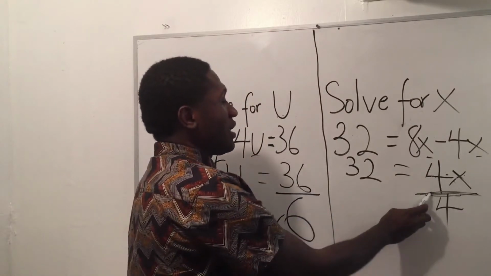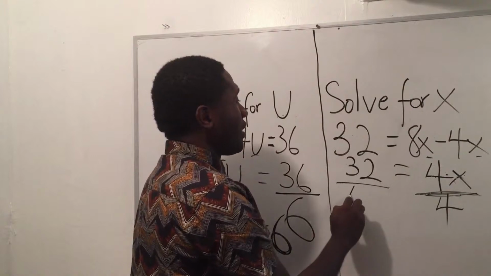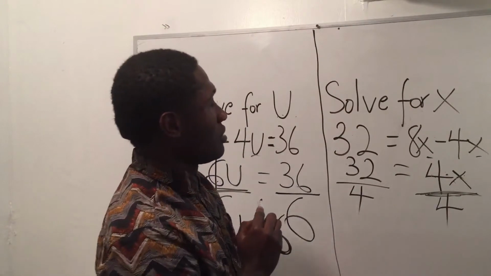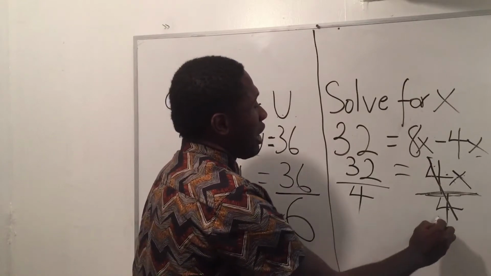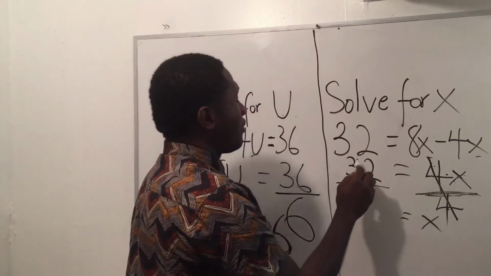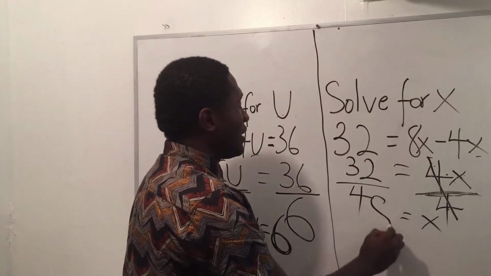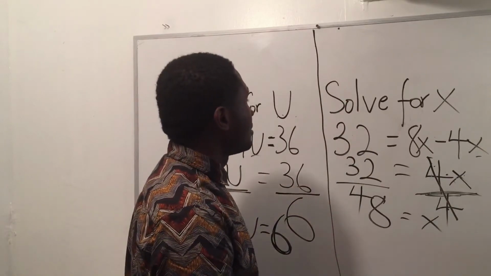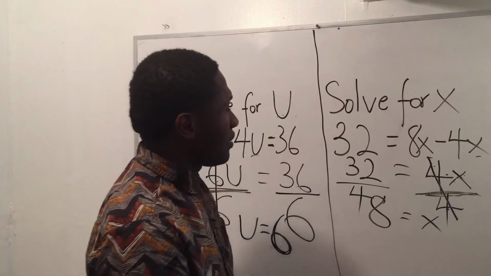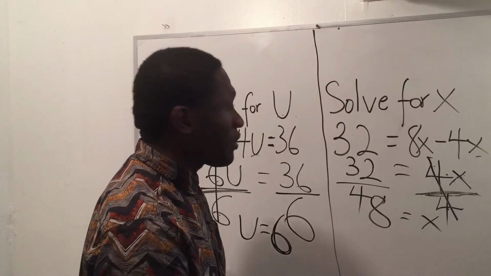And whatever I do on this side, I can do the same thing on this side. So I divide that also by 4. These 4s right here will cancel out, and I have my x by itself. And then 32 divided by 4 is 8. And that will be the answer. That wasn't bad. Actually, I really love this.